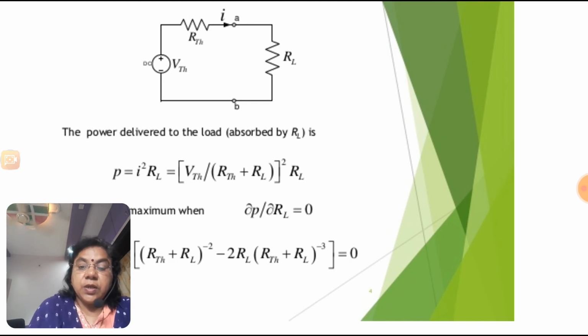You just note, the derivative of the power with respect to RL will be 0 for maximum power transfer. So this condition is most important. Therefore, now we are going to differentiate the above power relation with respect to RL.